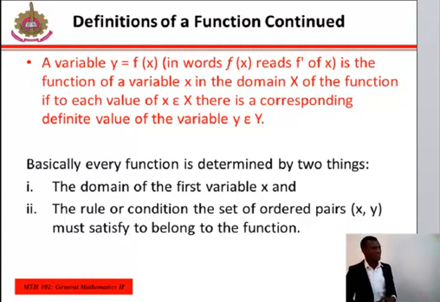The domain of the first variable, and 2. The rule or condition of the set of ordered pairs (x, y), and this must be satisfied to belong to the function.